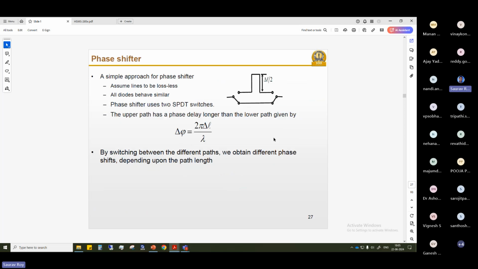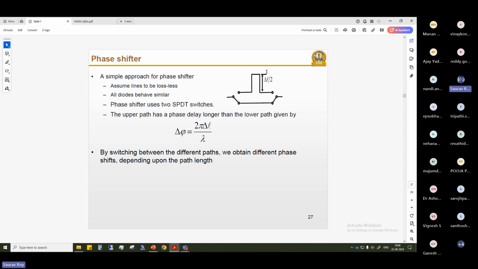Now the very basic phase shifter is called the switched line phase shifter. Switched line means there are multiple lines. By switching between these different lines, you can get a different phase shift. The phase shift comes because the line lengths are different. We design these lines such that one line is very straightforward and the signal goes straight through it. In the other path, it has a bend which has an extra del L by 2 length.